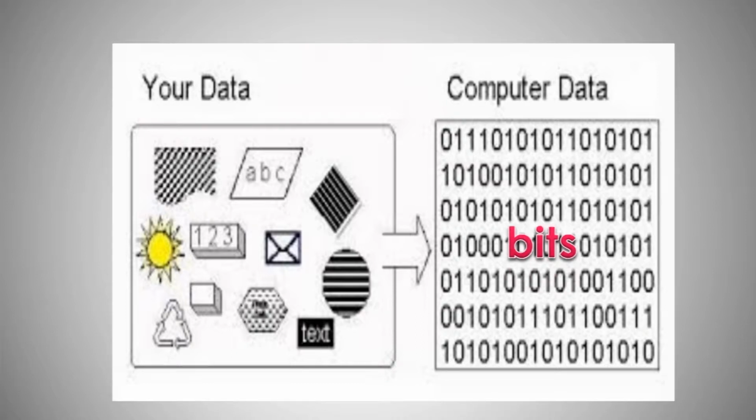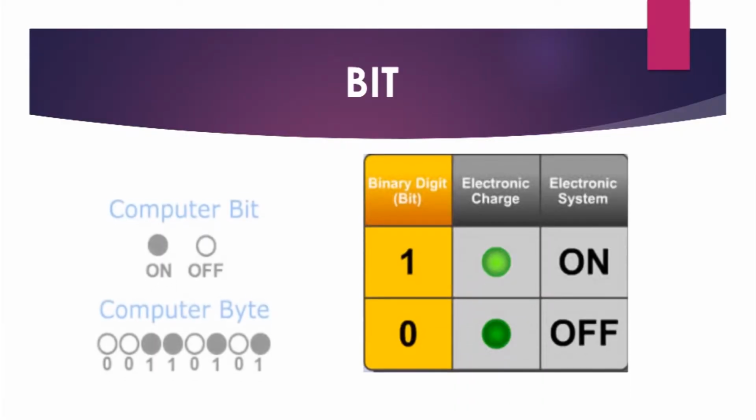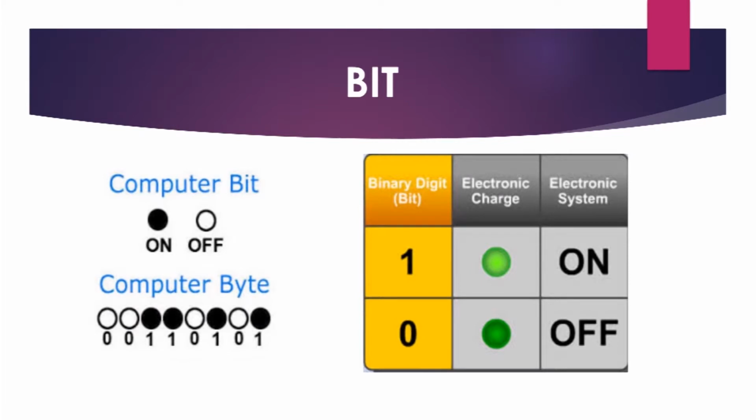This is a commonly used memory unit in a computer. A bit, that is small b, is a single binary digit, that is either 0 or 1. 1 represents an on status, while 0 represents an off status. So, what is a byte? A collection of 8 binary digits is called a byte.